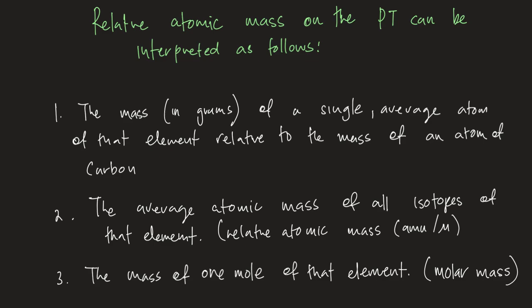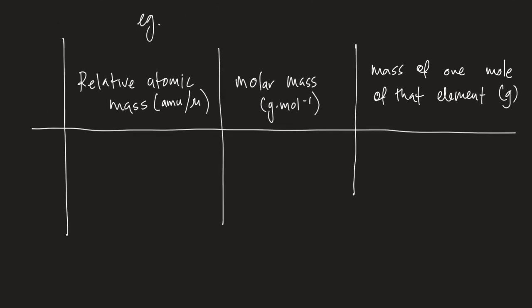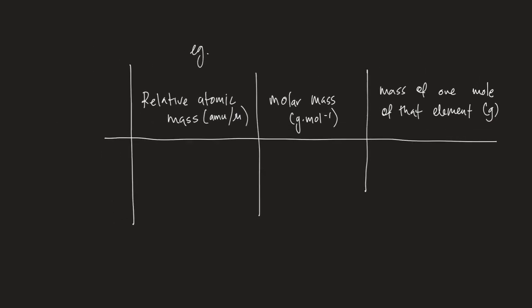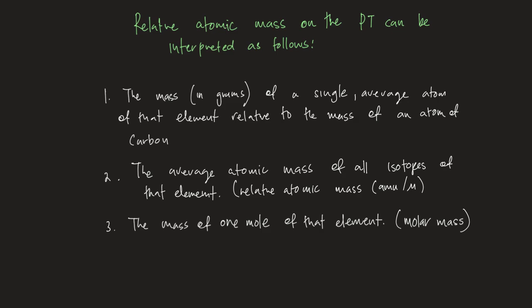Or we can now say that it is the mass of 1 mole of that element, and we look at molar mass. If I look at a table like this, you should please make sure you get these definitions. It's all about relative atomic mass. Please get this into your books. You'll have to pause the video multiple times to take down notes, right?